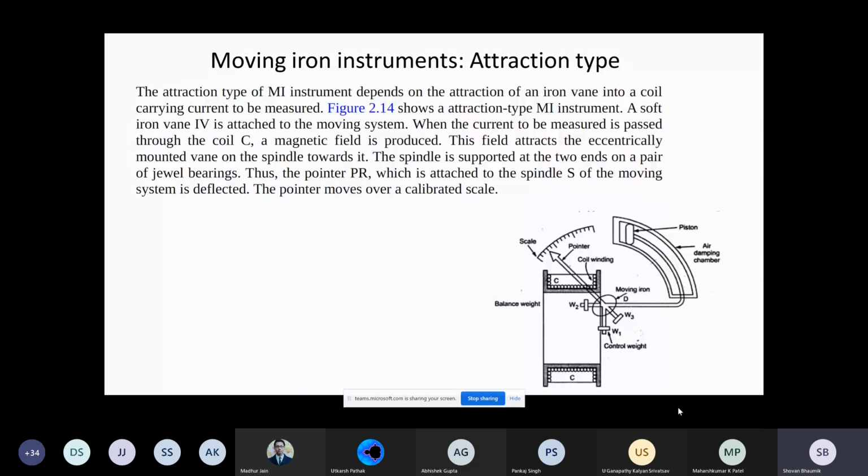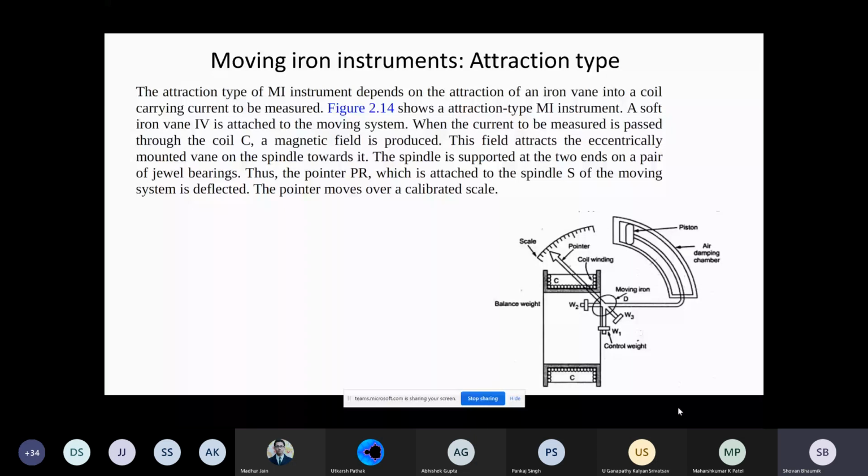Once the current passes through the coil, there will be a magnetic field, and the iron vane, which is shown as D, will be attracted. Once the iron vane is attracted, two opposing forces come into play. One is the damping, which is the piston in the air damping chamber, and another is the spring. There will be a spring which will give the restoring torque.